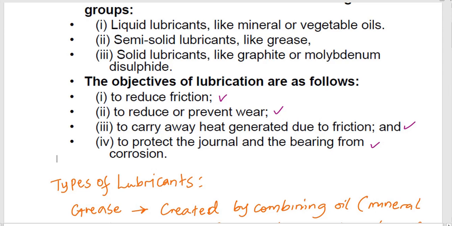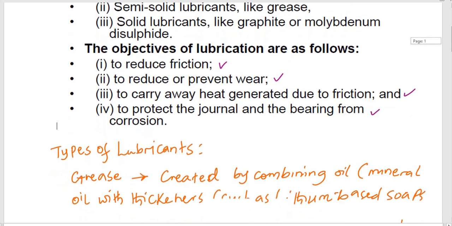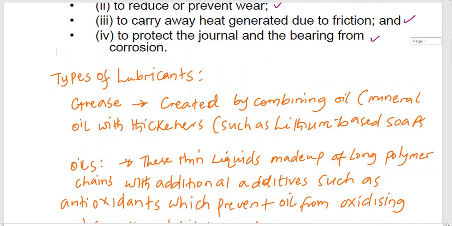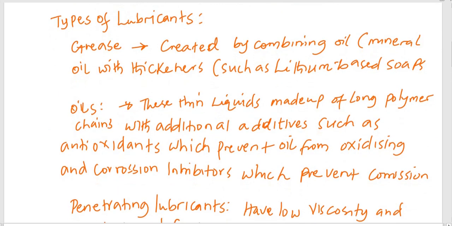Okay, having understood the objectives of lubrication, let us look at some types of lubricants. We have grease. Grease is created by combining oil or mineral oil with thickeners such as lithium-based soaps.